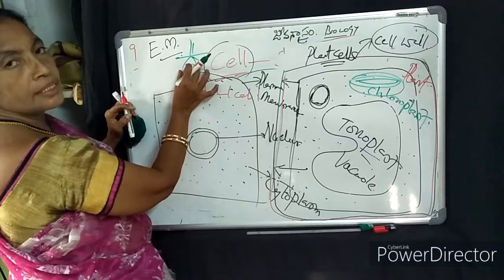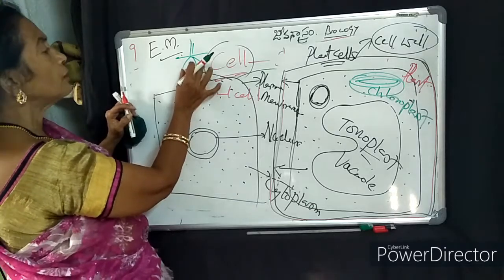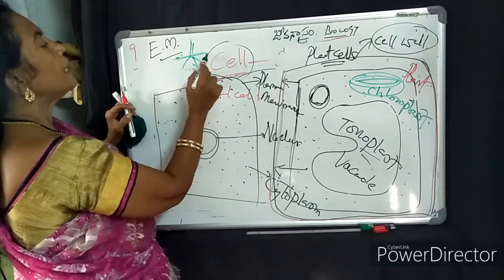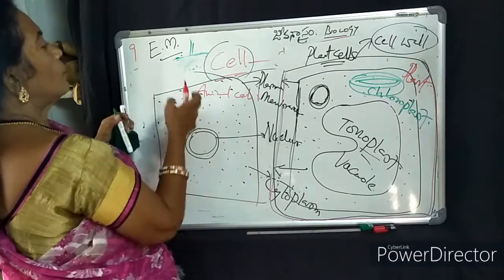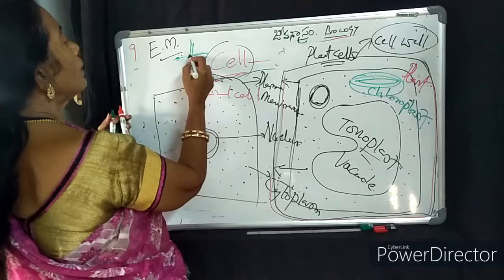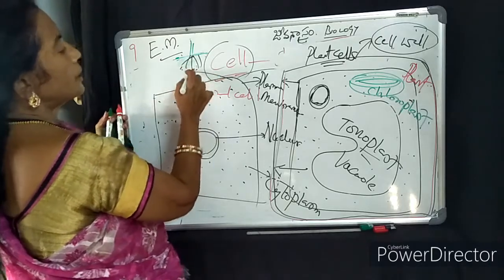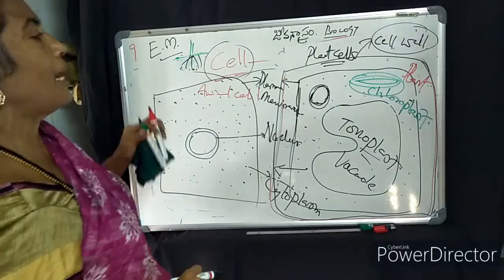The root system is quite different. It will be in the soil itself, so there will not be chloroplast in the roots of the plants.